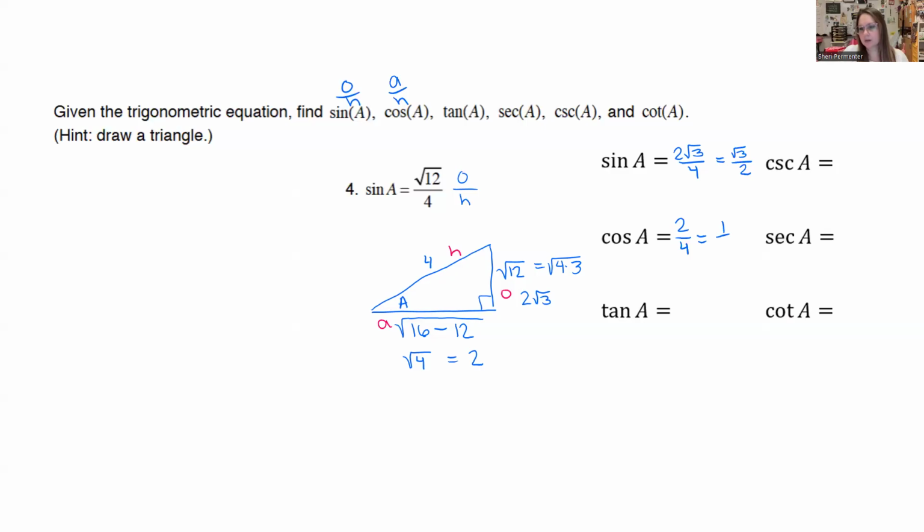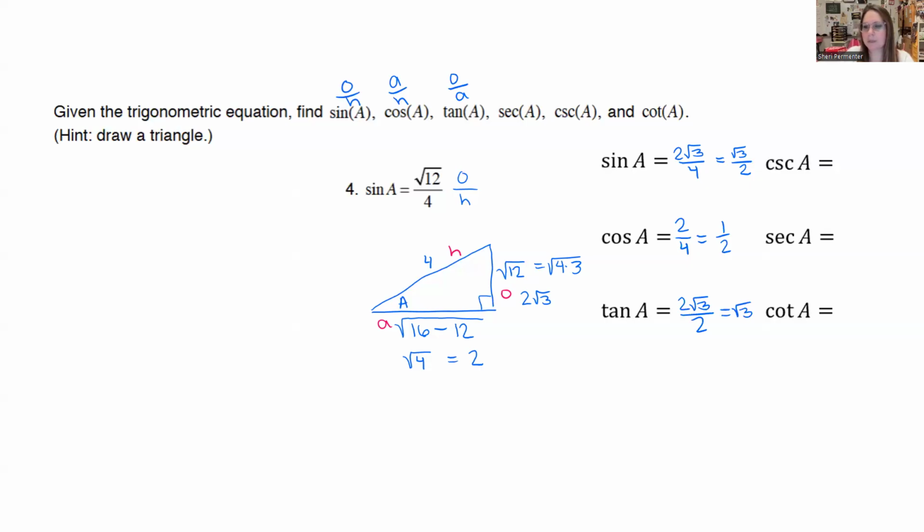Yeah. Tangent is going to be opposite over adjacent. So I get 2 square root 3, hold on, over 2. There we go. Does this reduce? Yes. So what am I left with?